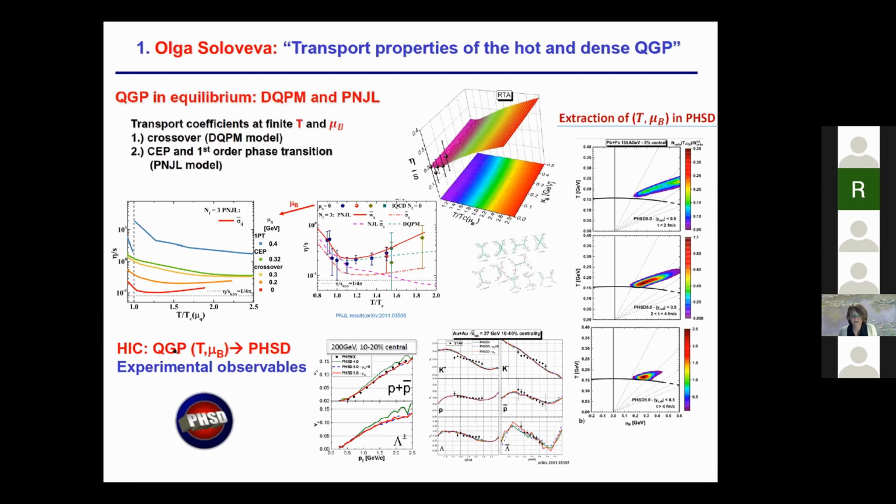And Olga also presented the realization of the DQPM model for heavy ion collisions, implemented in Parton-Hadron-String Dynamics. And here she showed how we obtain the T-mu behavior, the time evolution and consequences for observables. So this would be the first topic for our discussion.